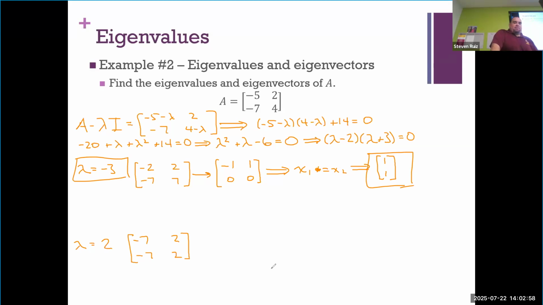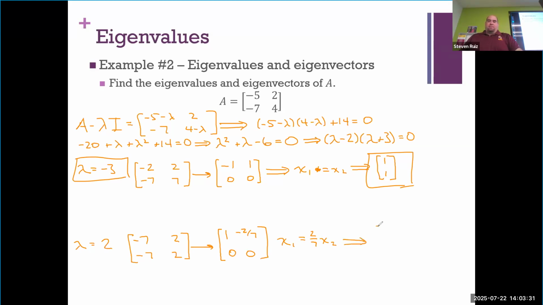What's a good eigenvector to go with lambda equals 2? Or how did we get there? 1, -2/7, 0, 0. Cool, reduced. X1 equals 2/7 X2.